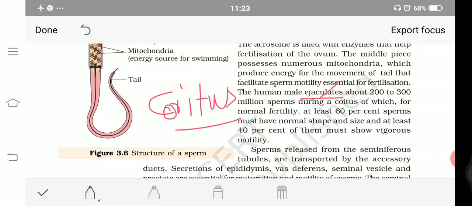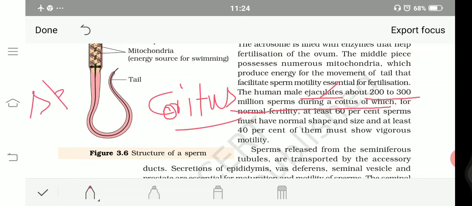They number 200 to 300 million when they are released at the time of coitus. And this amount is considered the normal count, or sperm count.